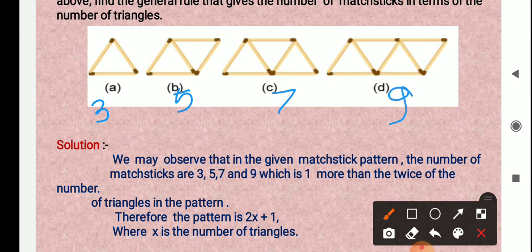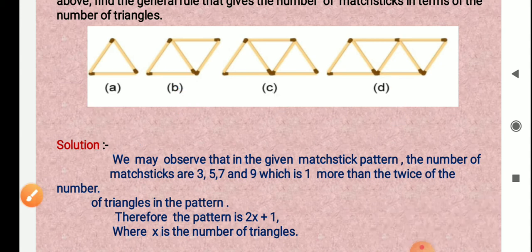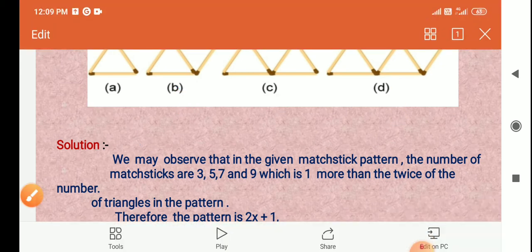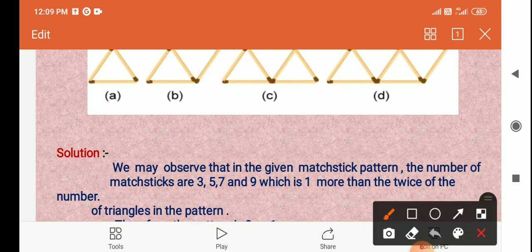Means here it is one more than twice the number of triangles in the pattern. In the first pattern one triangle is made, in the second 2, in the third 3 and next 4. So the number of triangles increases by one each time.